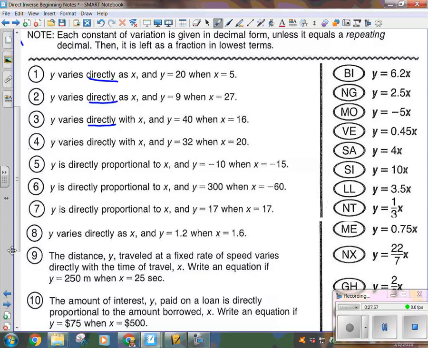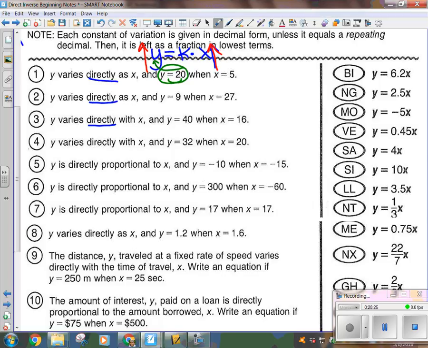My equation says y equals k times x. Everybody good with that? Because when x is going up, y does what? Also goes up, right? They work together. So this says, I need to write the equations. I do not know my constant, but I do know y is 20, so what can I put right here?